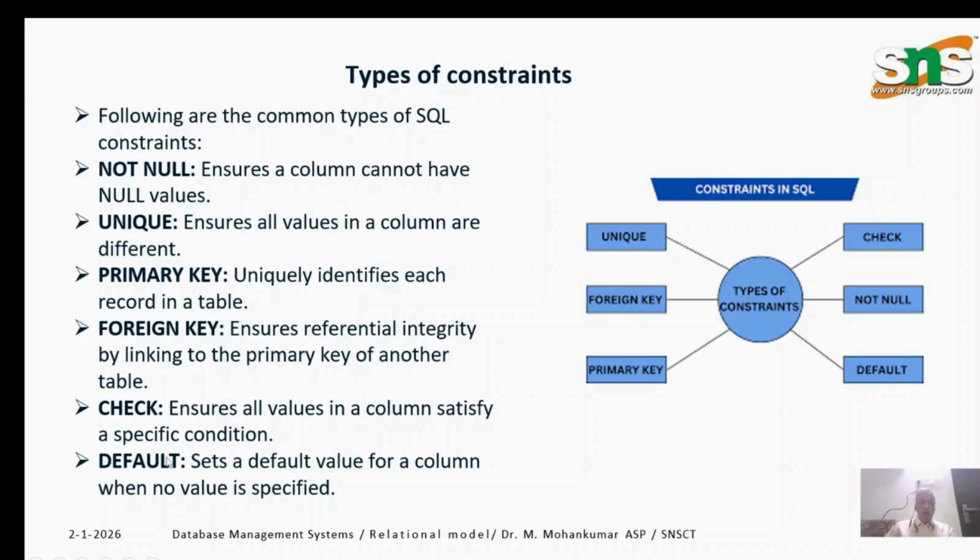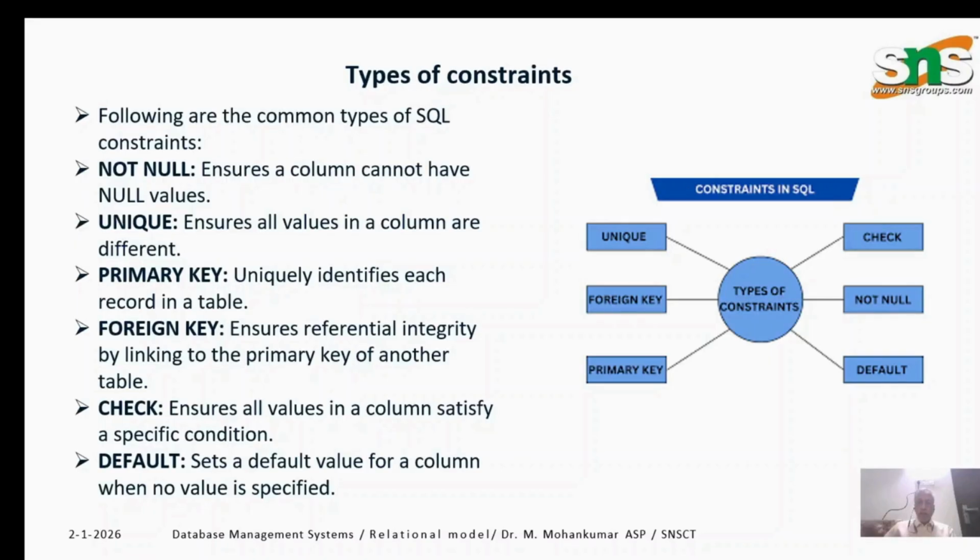And the final one is called default. It sets a default value for a column when no value is specified. Let us take an example. We are collecting information about students. For some fields, the student currently doesn't know what they need to enter, and we need to give them some time to enter that value.